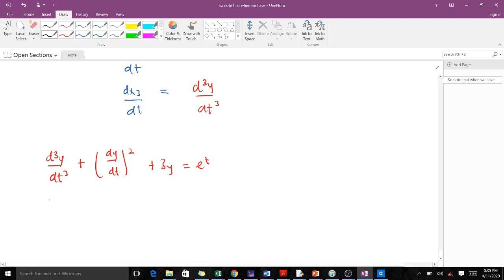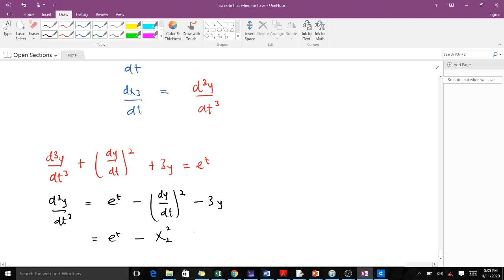Making it the subject, you're going to get d^3y/dt^3 equal to e^t minus (dy/dt)^2 minus 3y. And this is the same as e^t, but remember that dy/dt is equal to x2, so you have x2 here, but it is squared.